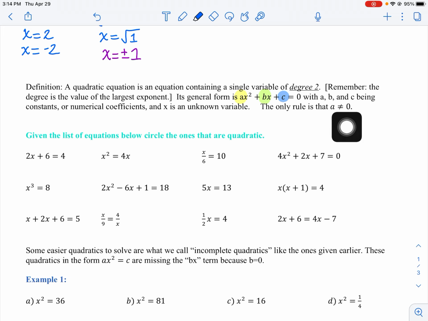The only rule for a quadratic is that a is not equal to 0. You could take a second to think about why that's a rule. If a was equal to 0, if you had 0 in front of x squared, that term would be 0, and we wouldn't have a quadratic anymore because our highest degree would not be 2.